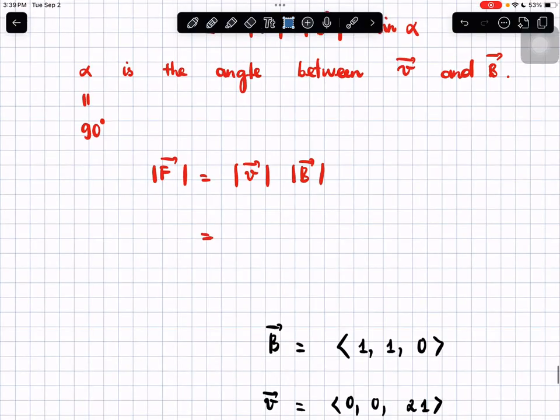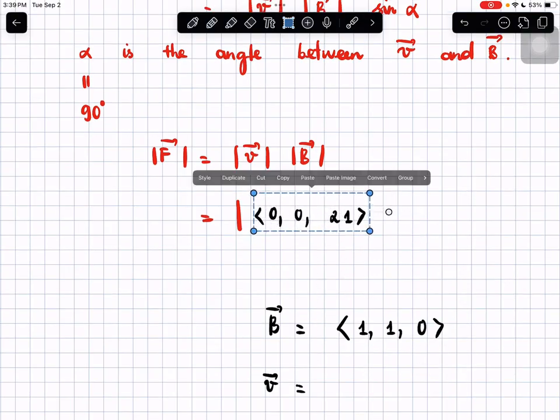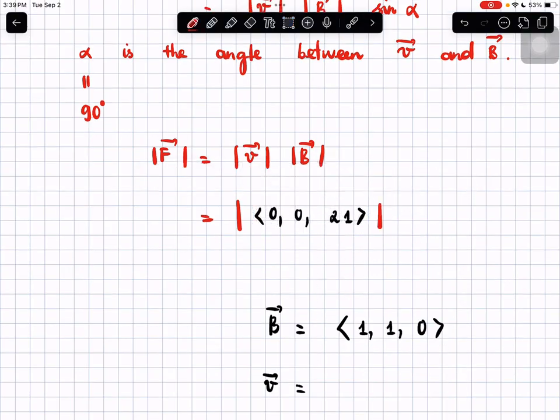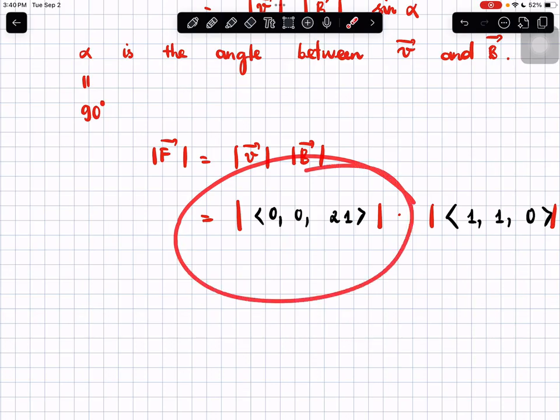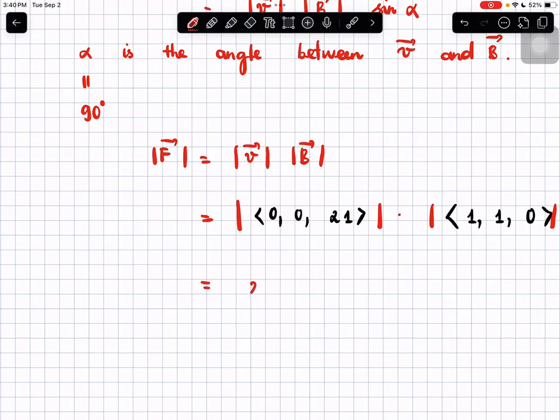The length of vector V is 21, and the length of vector B is square root of 2, so 21 times square root of 2.